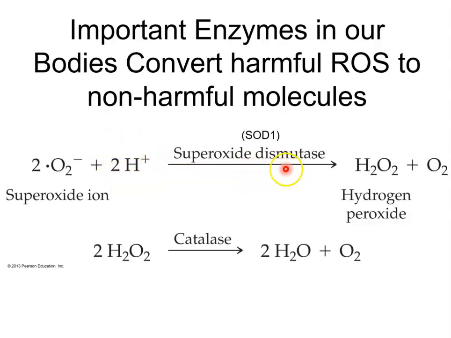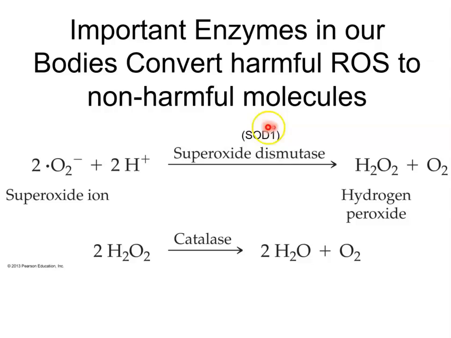Superoxide dismutase, or SOD1, takes on these superoxide ions and generates hydrogen peroxide and water. Catalase is one of the most efficient enzymes we have in our bodies, and it can quickly take any hydrogen peroxide and convert it into water and oxygen.